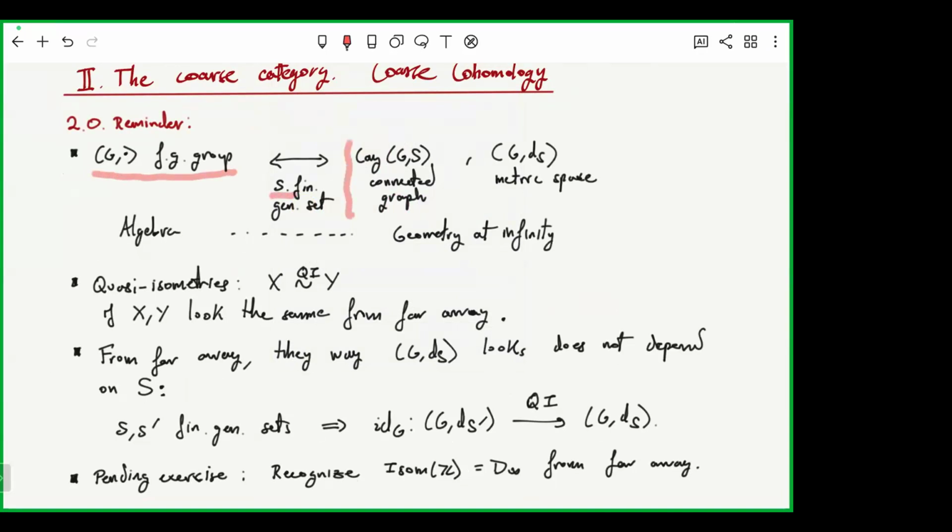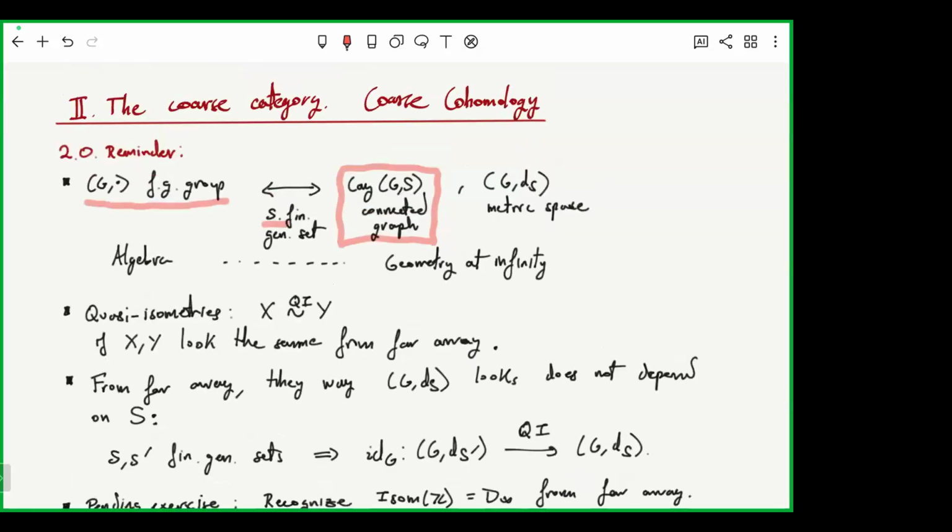With that, we can define a connected graph, and then by measuring lengths of paths in this graph, we can induce a metric space. The point of this is that we want to translate algebraic properties of the group in terms of geometric properties of this metric space.